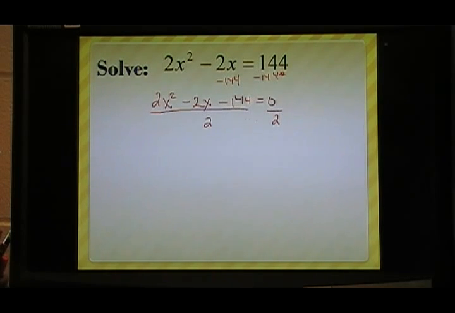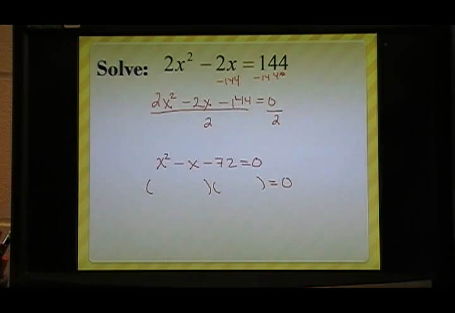When you divide both sides by 2, that's like dividing each term. So we end up with x squared minus x minus 72 equals 0. And what we have now is an expression, x squared minus x minus 72, which is much easier to factor than the 2x squared minus 2x minus 144.